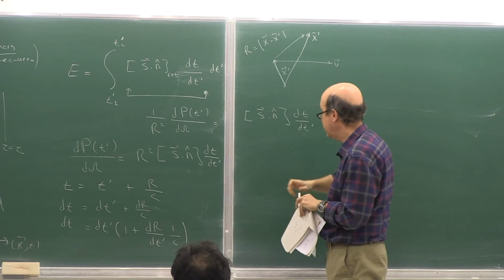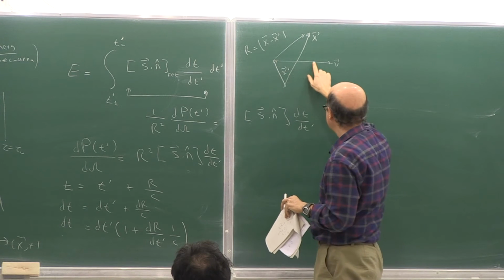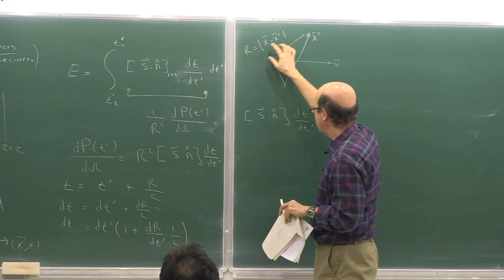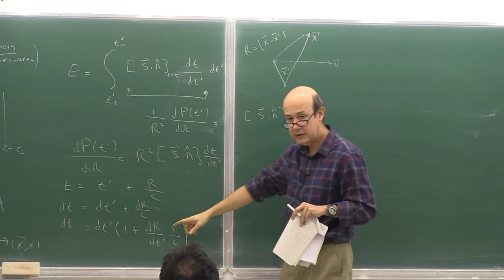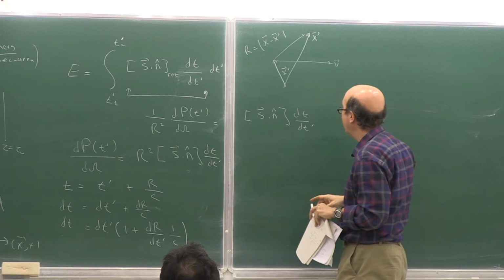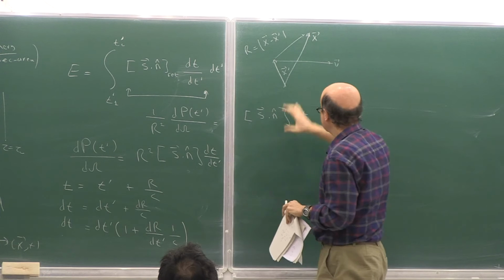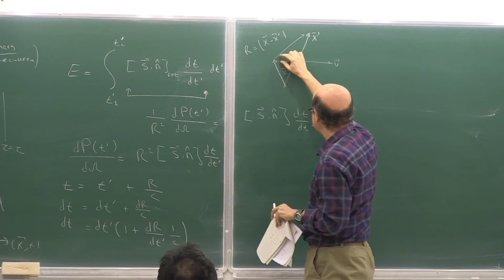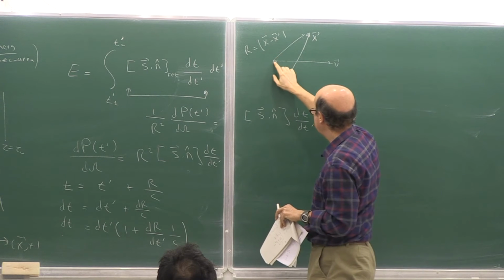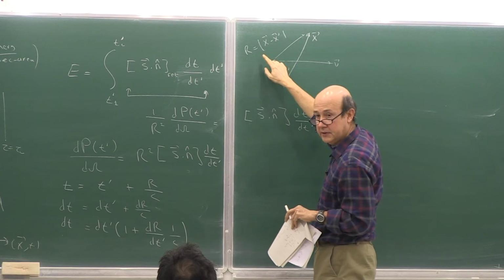When the charge is moving, x minus x prime changes. So dr over dt prime is related to the velocity; this length is decreasing when the angle is less than 90 degrees, and increasing when the angle is greater than 90 degrees.